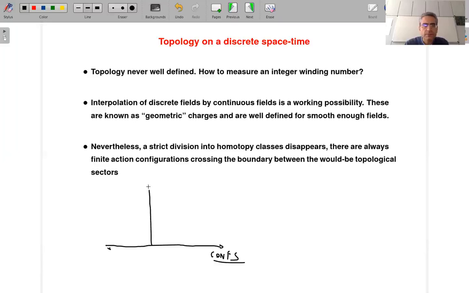So here you have the continuum action, and you imagine dividing the configurations into topological sectors. Say here you have the topological sector with winding number 0, then you have winding number 1, -1, and so on.